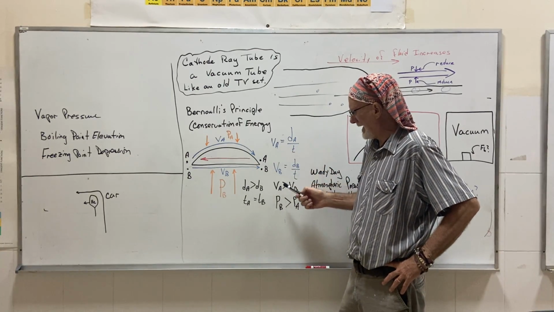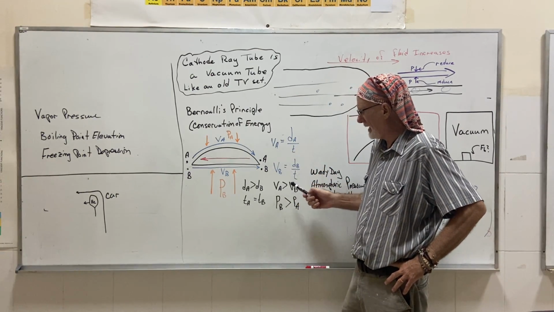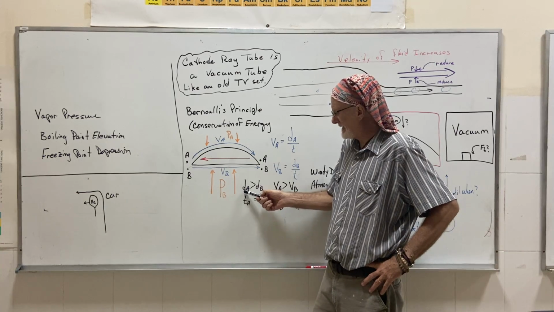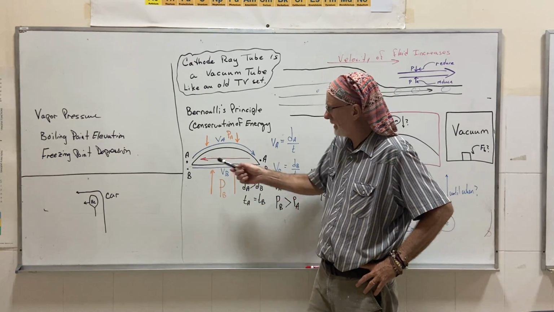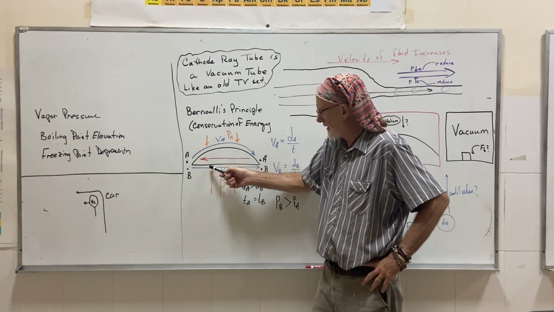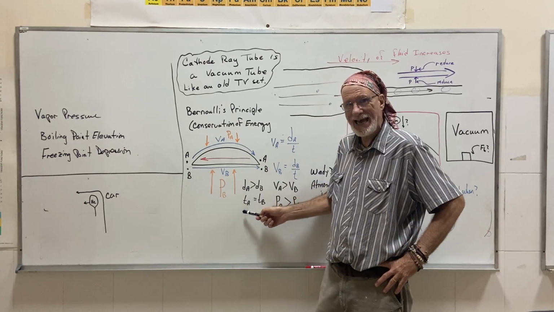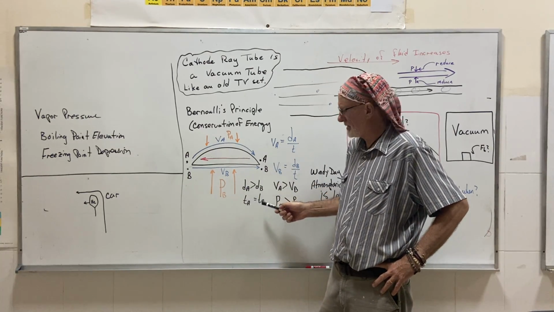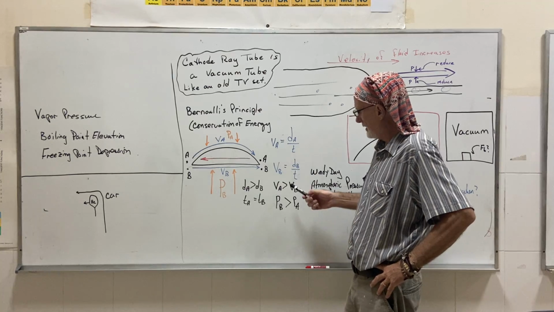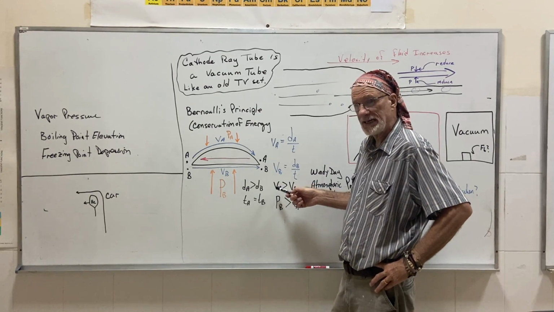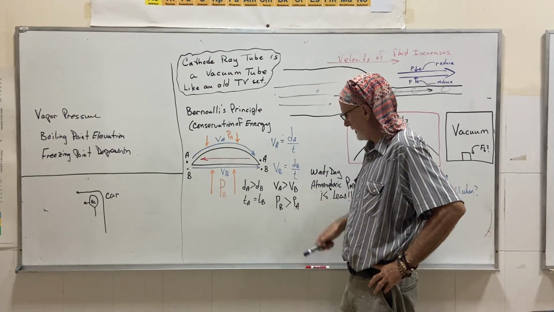So VA is greater than VB. Distance A is greater than distance B. TA is equal to TB. Therefore, VA, as I said, is greater than VB.